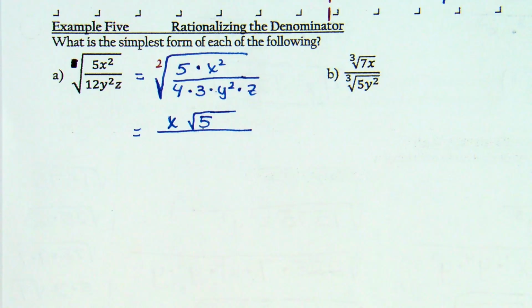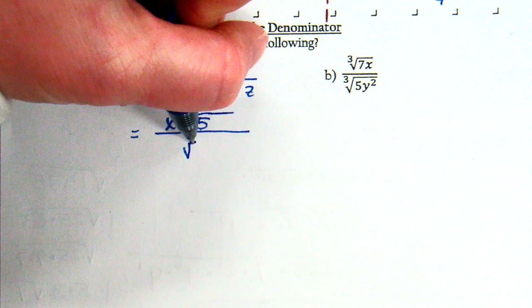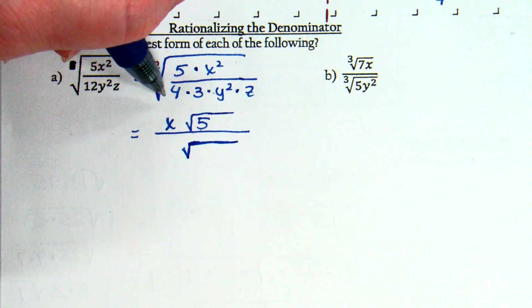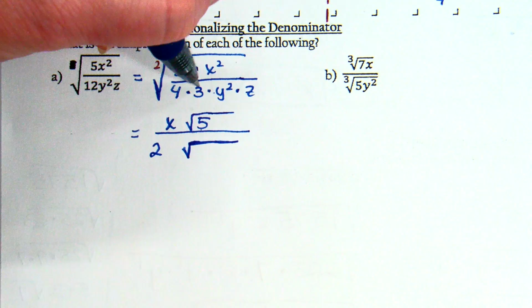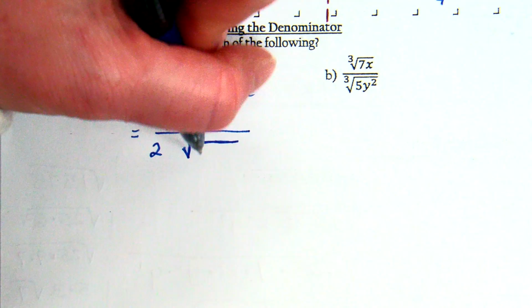Same thing in the denominator. I made this fraction bar way too big, but that's all right. Square root of 4. Can I take the square root of 4? It's 2, so that 2 is out front. Square root of 3? I can't do it, so it stays under the radical.